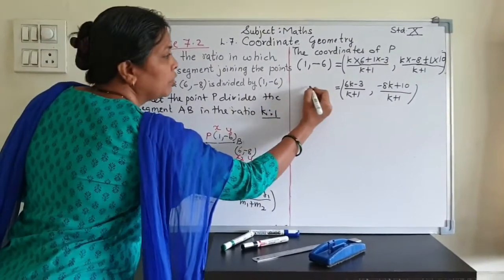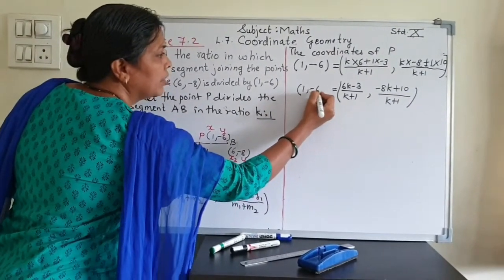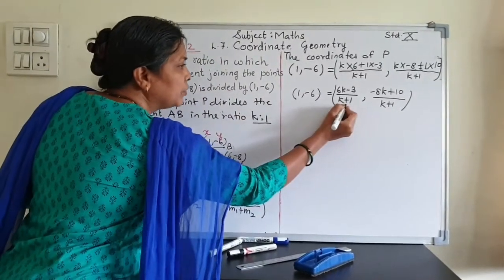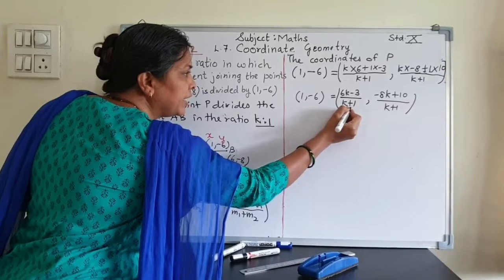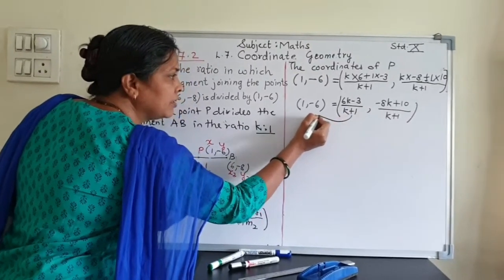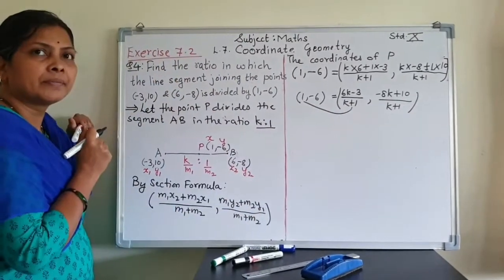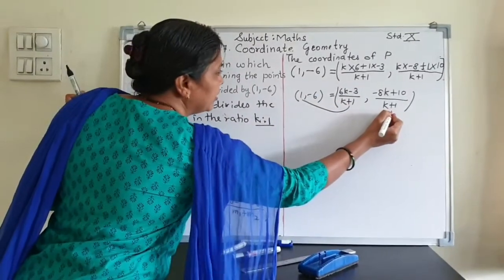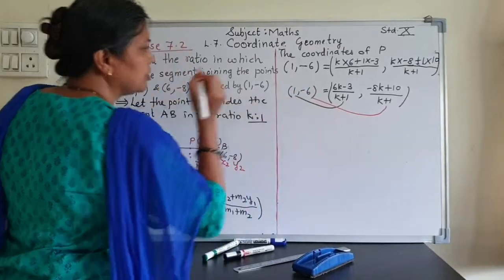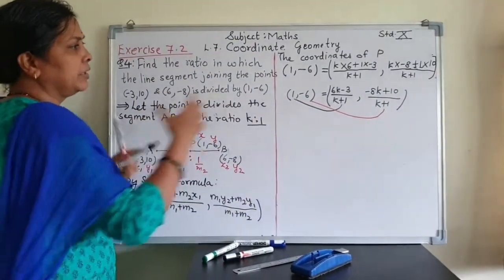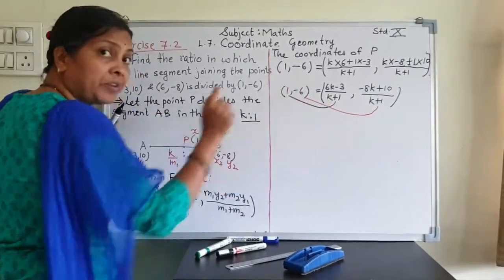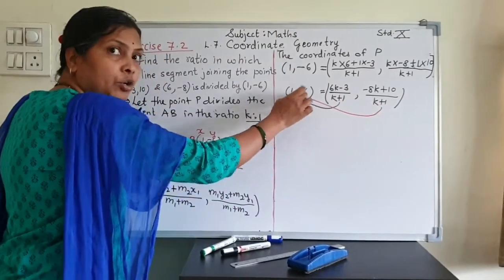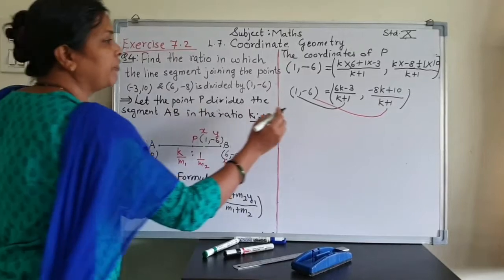Now you know this is equal to 1 and minus 6. So we have to compare: the x coordinate of point P is equal to this, and the y coordinate of point P is equal to this. Either we can compare this x coordinate and get the value of K, or we can compare the y coordinate with this value and get the value of K.